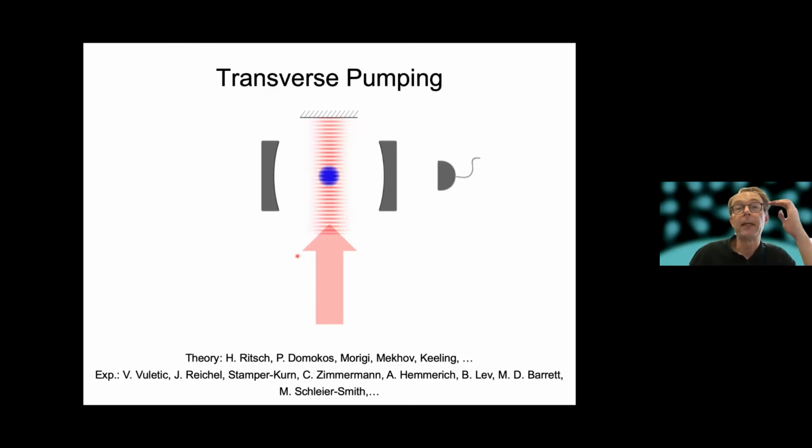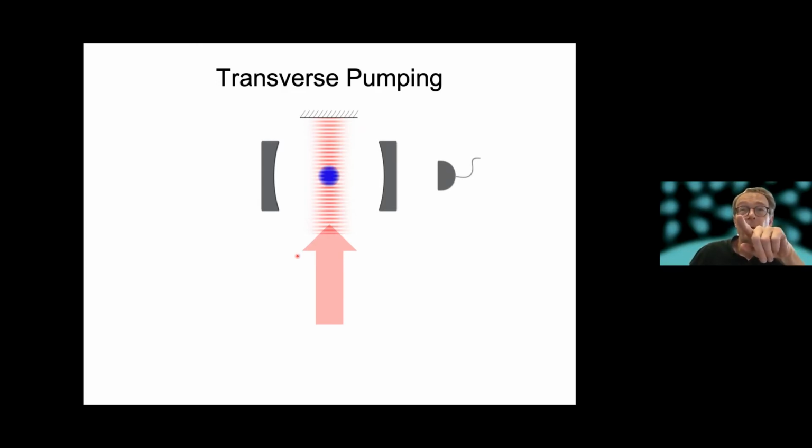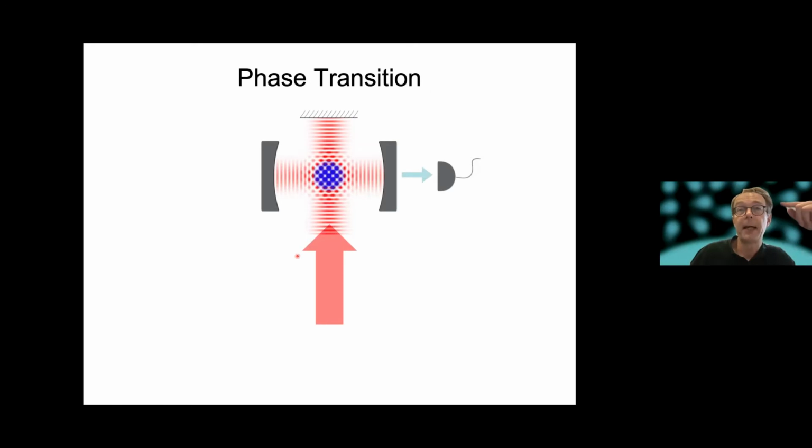There are some additional references to other people's work, which is important. But nevertheless, let's look now at what is happening if you increase the intensity. Okay, so you increase the intensity. That was the horizontal axis in our phase diagram.